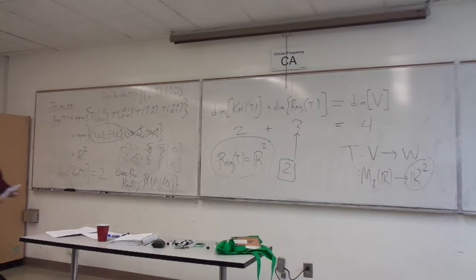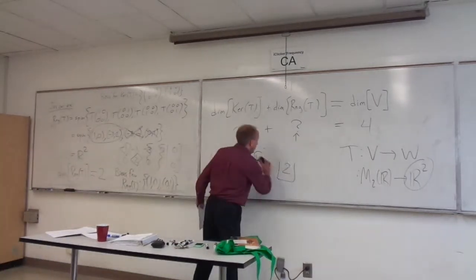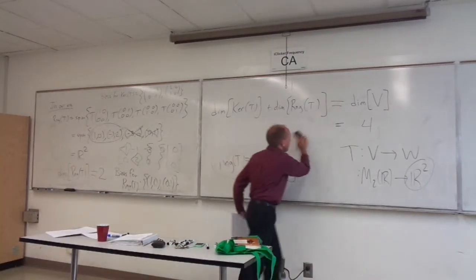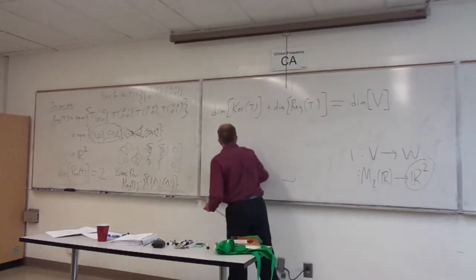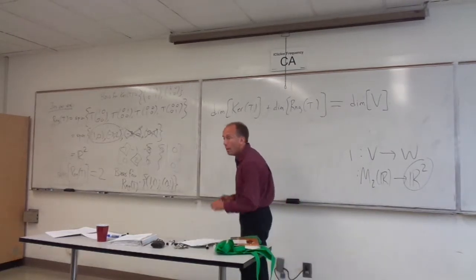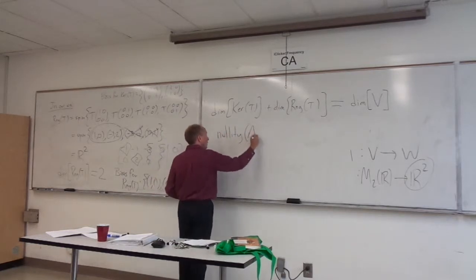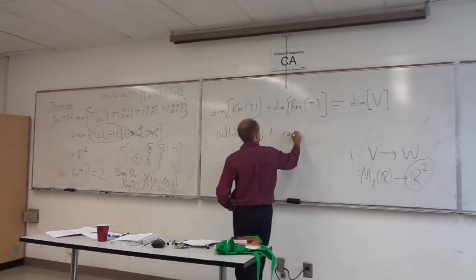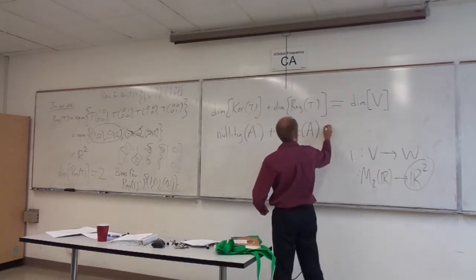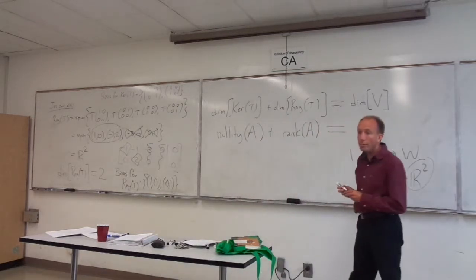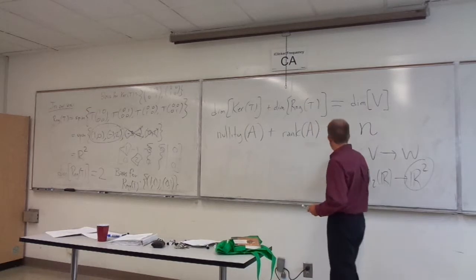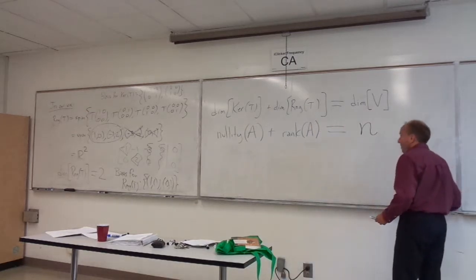This is a generalization of, I don't have a problem for this right off the top of my head, but this is a generalization of the idea that the nullity of a matrix plus the rank of a matrix is equal to the number of columns of the matrix. So this is another formula that we should have known.